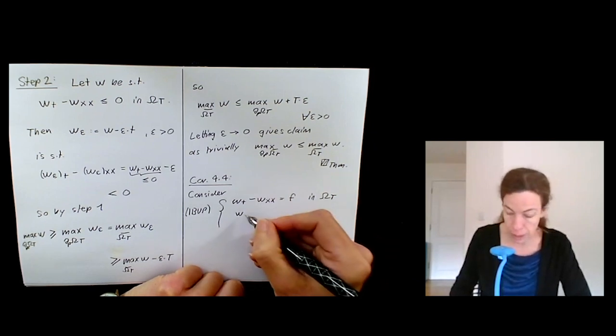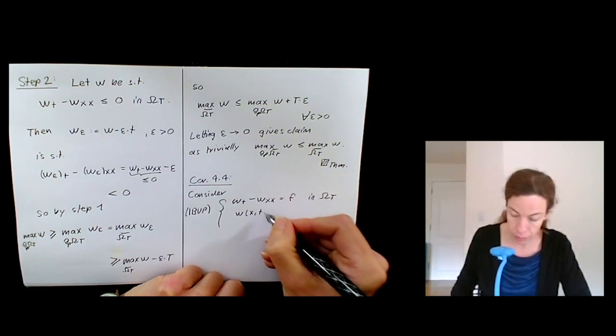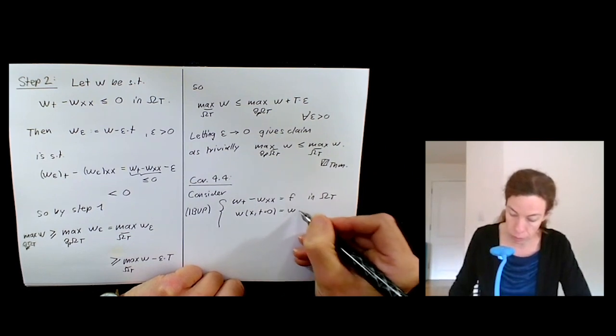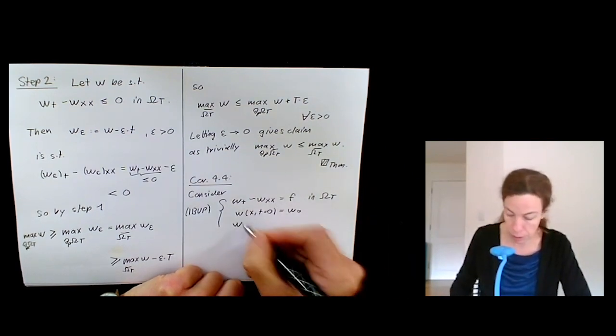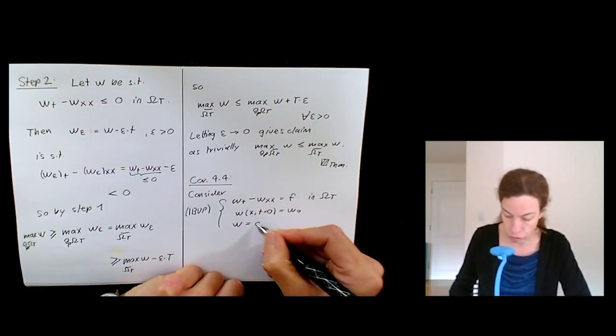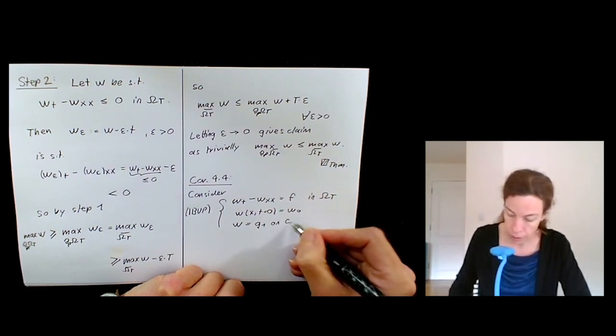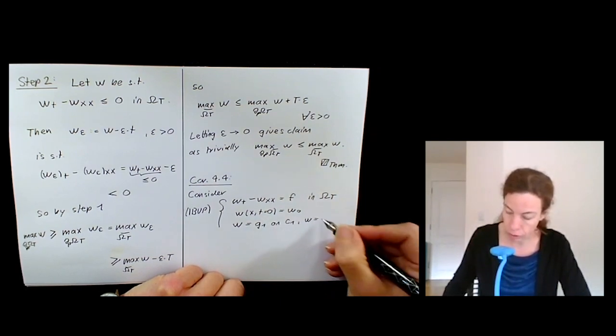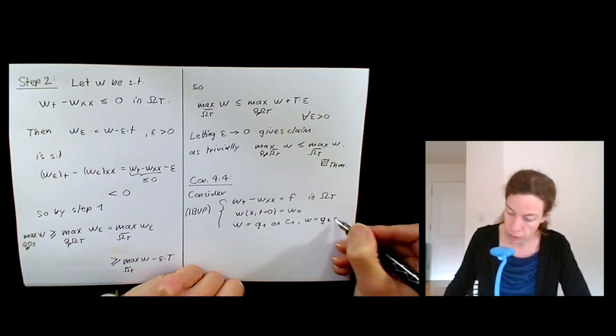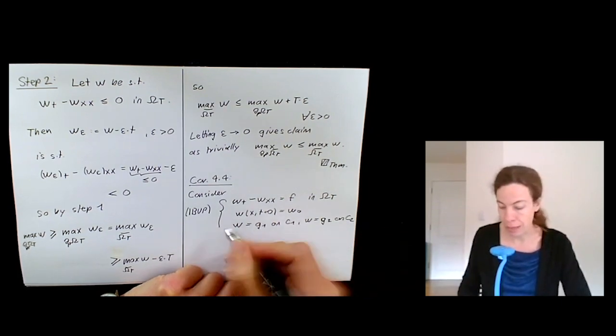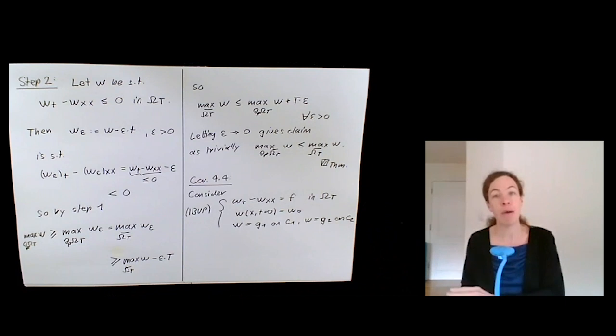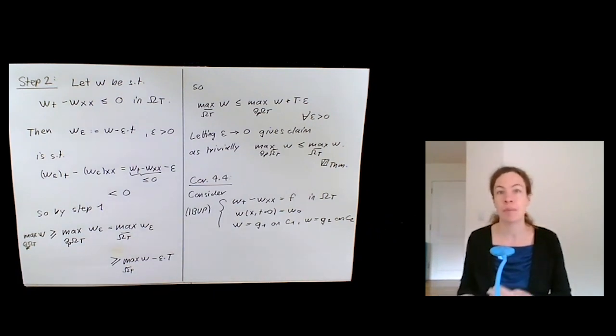So I prescribe w at x, t equals 0 to be some w0. And then I'm prescribing w equal to some function g1 on C1, respectively w equal to some function g2 on C2. So I have initial values, boundary values, and a parabolic PDE. So that's something where we hope we have well-posedness.